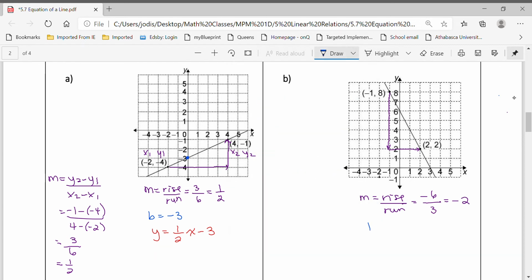And now my y-intercept, check where it crosses the y-axis, right here, right? So it's 6. So therefore, my equation of the line is y equals -2x plus 6. Okay? And we could check using our points, but to save some time, we're not going to.